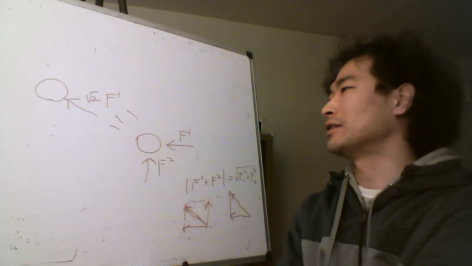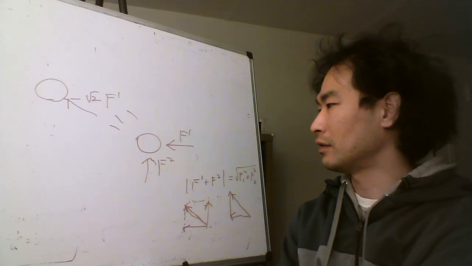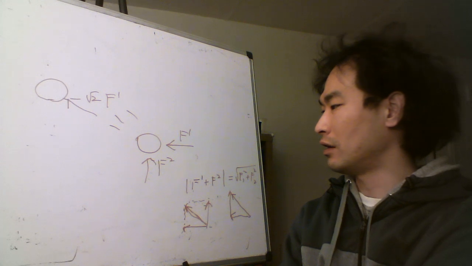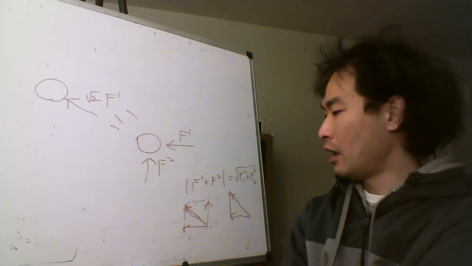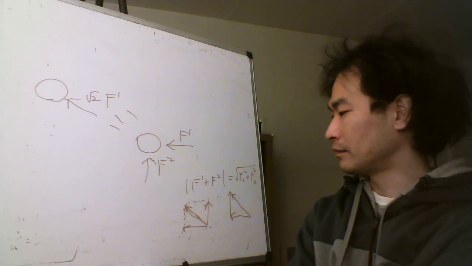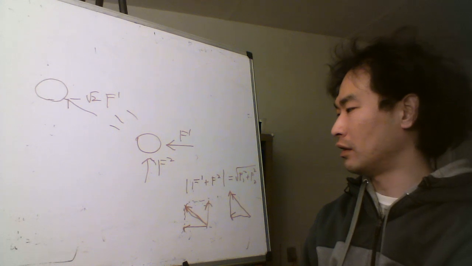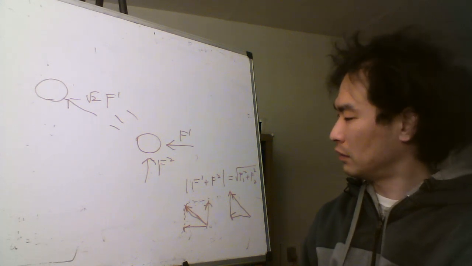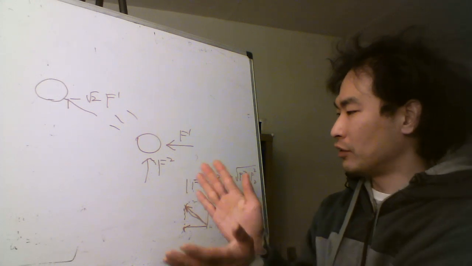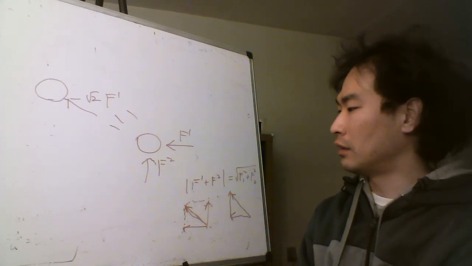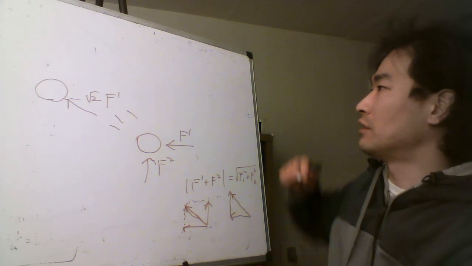But is this correct? That's my question. Can we come up with a generic formula? Okay. What's the general formula? For some arbitrary angle theta. Let's just derive that, okay?